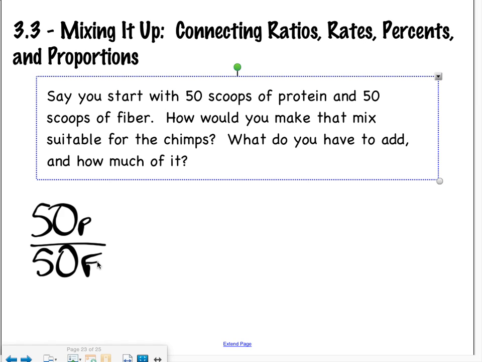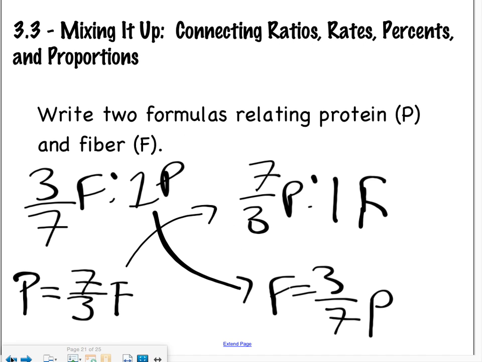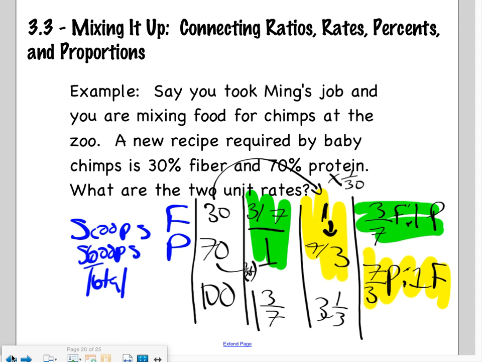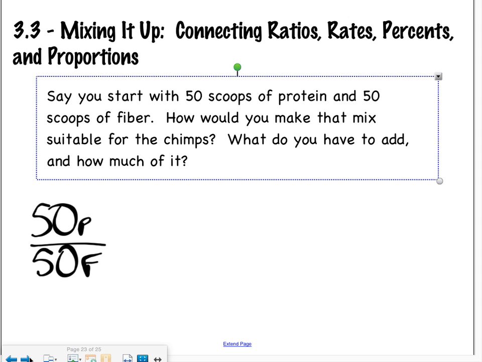Well, we need the ratio to be 30% fiber and 70% protein. So we need more protein.